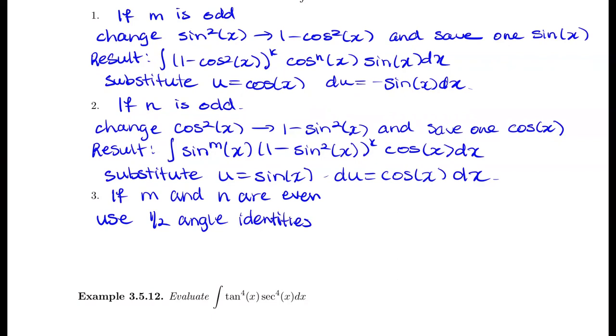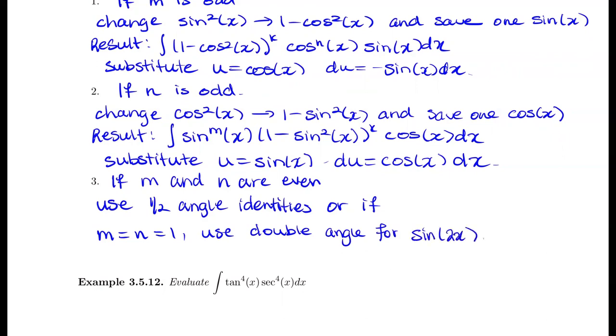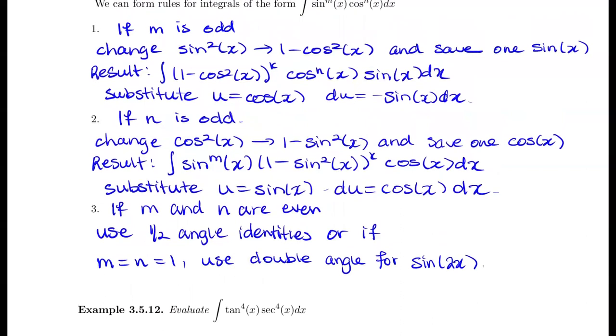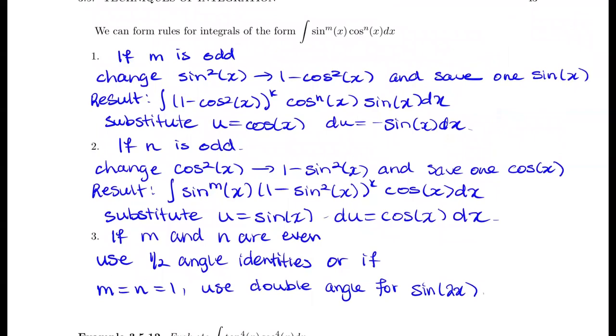Or if m is equal to n is equal to 1, then we use the double angle for sine. Right? So we have seen this in the case from the previous examples that we had a look at.